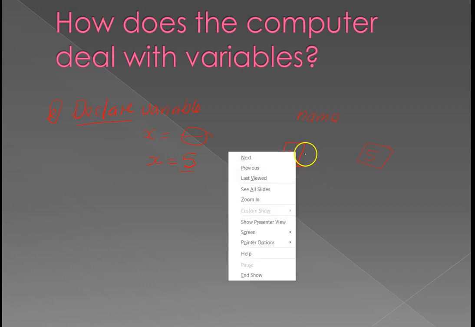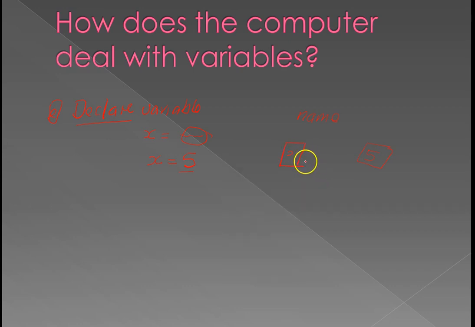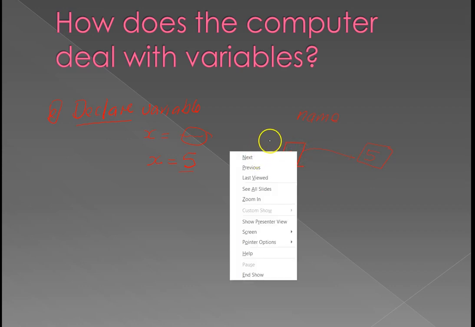And it's going to say, hey, X, every time you want to know what you're worth, go and look in this place, and you will find out what your value is. Okay? So it stores the variable name in one place, and it stores the value for that variable in another place. And it says, hey, X, this is where you find what your value is.